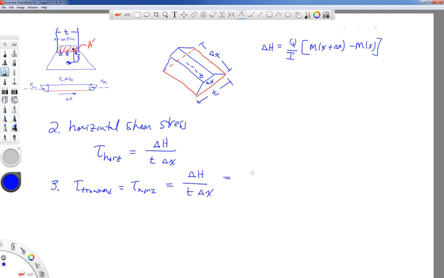Let's put in what delta H is. It's Q over I. Then we have the t. Then we have this stuff over here, M of x plus delta x minus M of x, divided by that distance delta x. Now if we take the limit as delta x goes to 0, so we're going to shrink this down to nothing, then we can get the stress at a point.